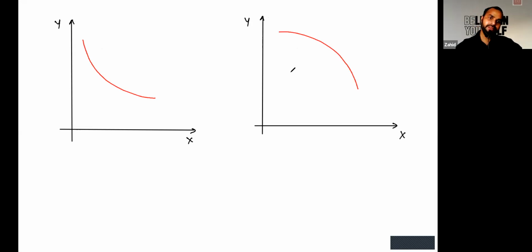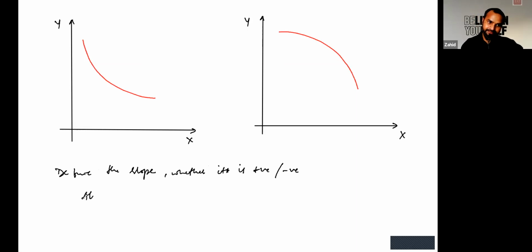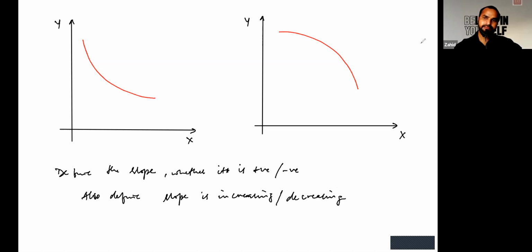Define whether the slope is positive or negative, and also define whether the slope is increasing or decreasing. This is your homework.